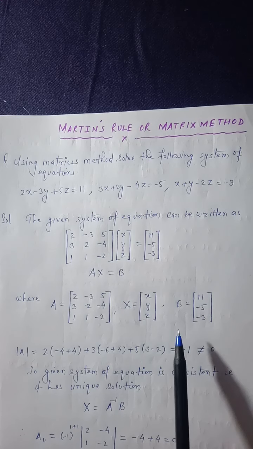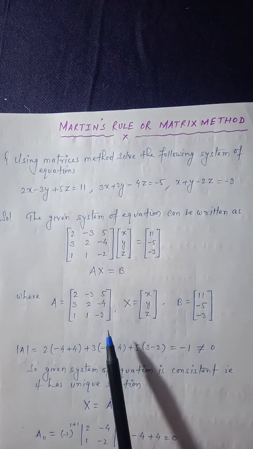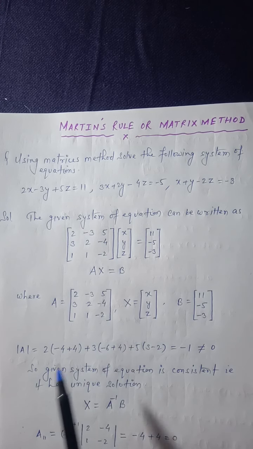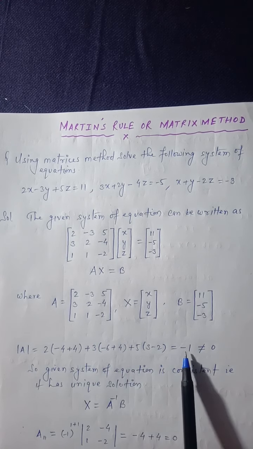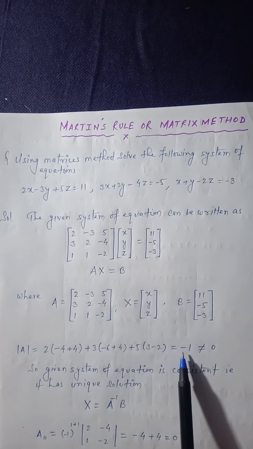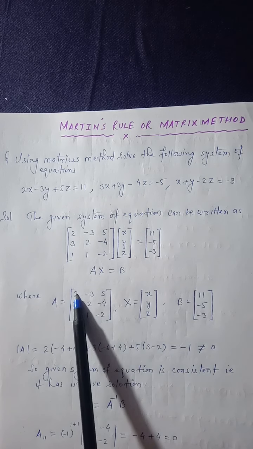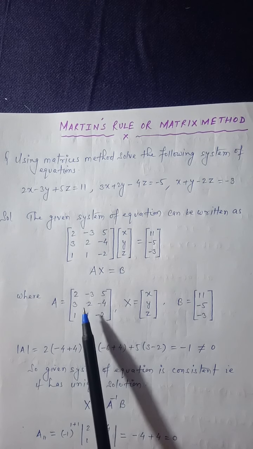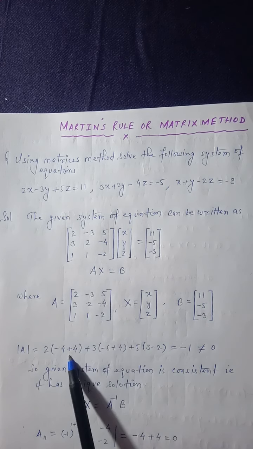Now the first step is to find the determinant of A, to check whether the solution exists or not, or whether the system of equations is consistent or inconsistent. So for this, the determinant of A is minus 1. How will we find the determinant of A? This is so simple. Take 2, delete this row, delete this column. You will get 2 into minus 2 minus minus 4, and minus minus becomes plus 4.